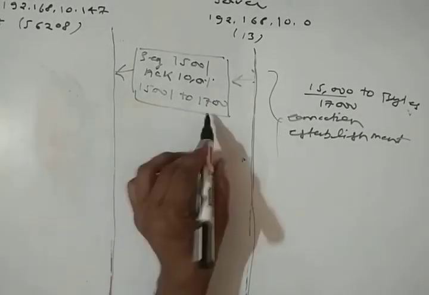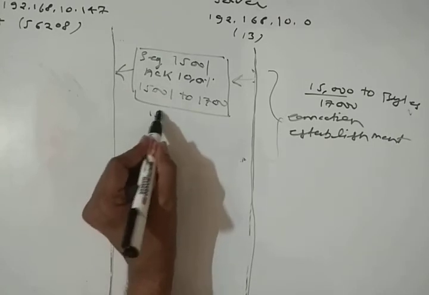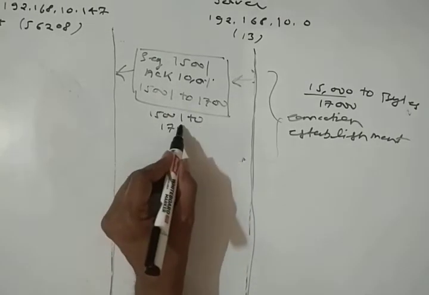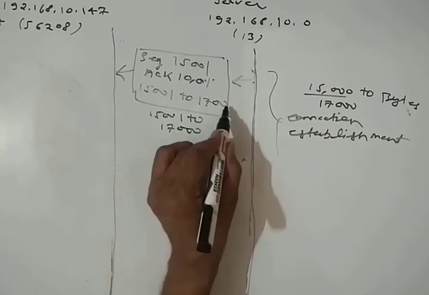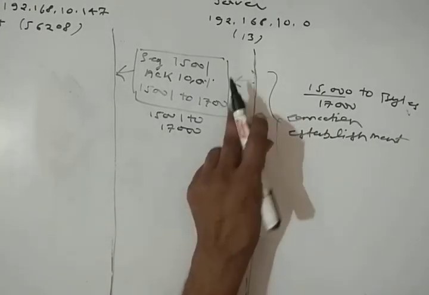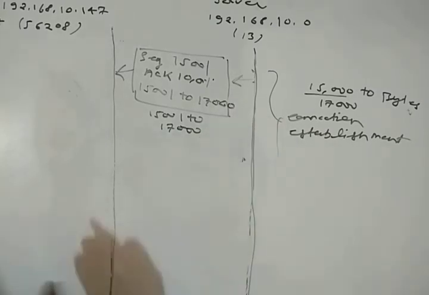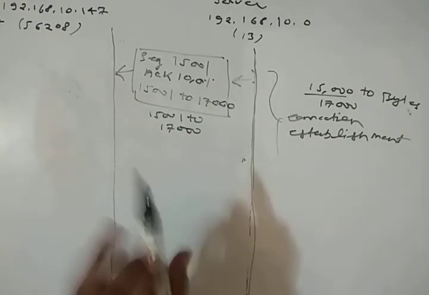Now the complete data is transferred, 15,001 to 17,000. The 17,000 will be transferred to the client.